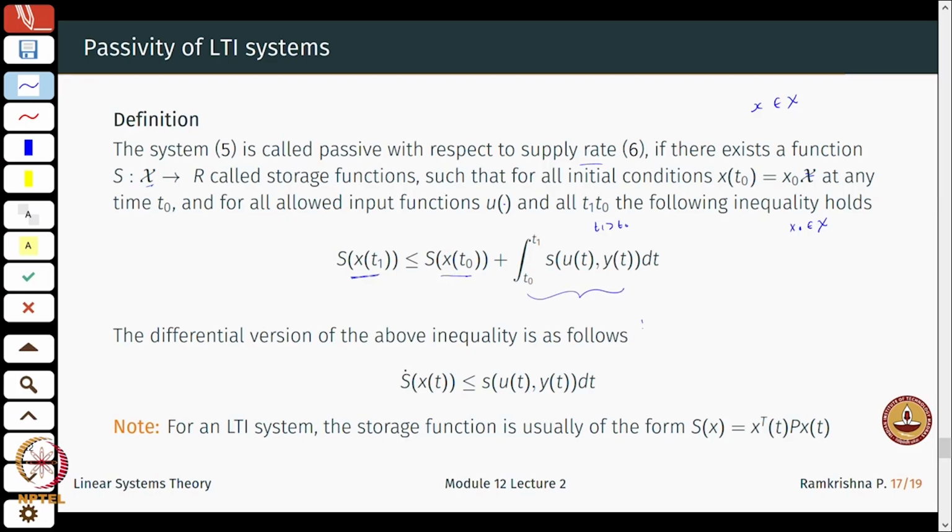Now, I can write a slightly better looking differential version of this, that S dot is less than or equal to the supply rate. For LTI systems, this is just simply quadratic. The storage function is of the form x transpose Px, very similar to the Lyapunov function, and it has a very direct consequence to the Lyapunov thing.